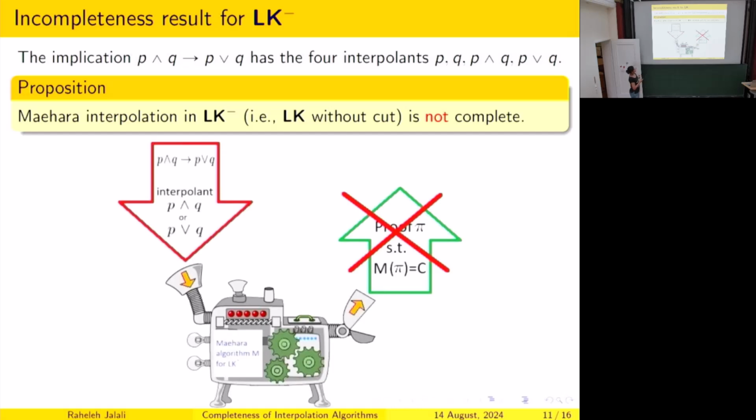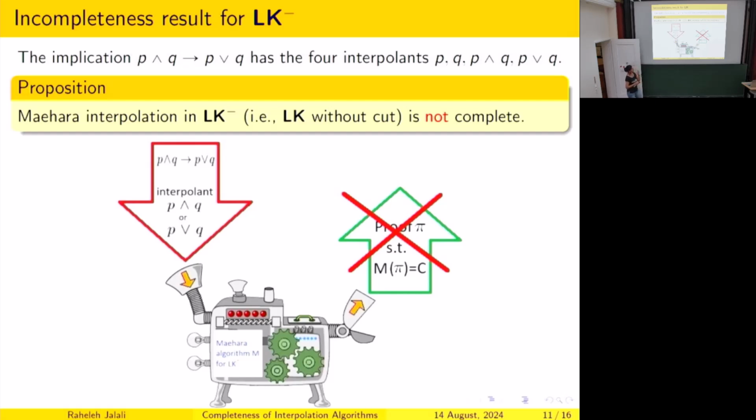And the counterexample is this formula that we like very much because it's a source of our incompleteness results. So I fix the Maehara algorithm and I fix LK minus. Then I get the input P and Q implies P or Q, and the interpolant P and Q or the other one. Then it's easy to show that I cannot find any proof in LK without cut, such that M of pi will be one of these.